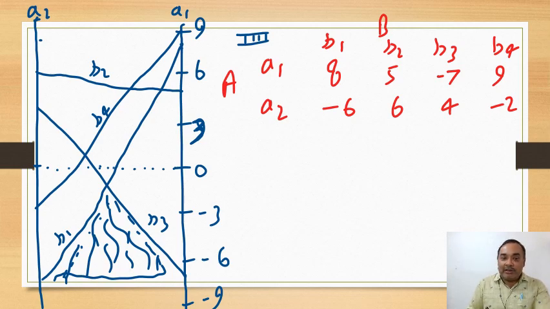This is known as the B1 strategy. For B2, 5 and 6: 5 is at A1 and 6 at A2, draw a straight line. This is B2. Similarly -7 and 4, and 9 and -2.